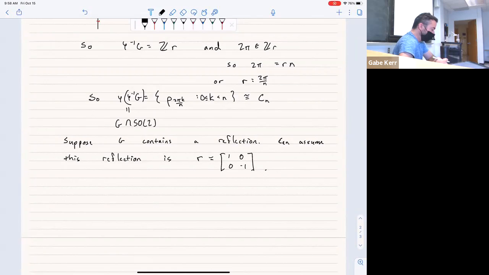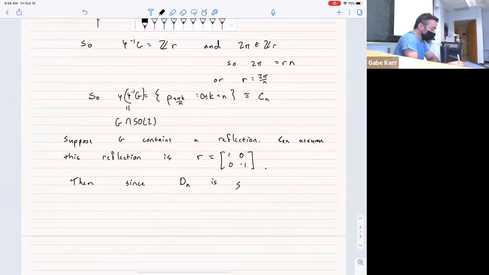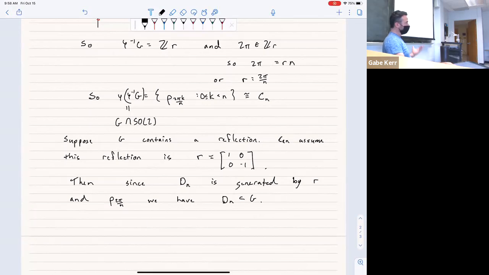But then we know that G will contain the dihedral group, since D_n is generated by R and the rotation rho of 2 pi over n. So we have D_n contained in G. All of these elements, because this R and our rotation will generate, as we saw last time, the dihedral group.